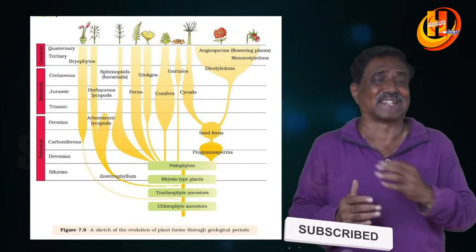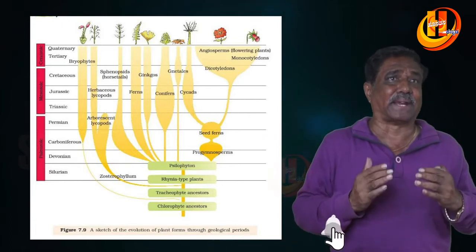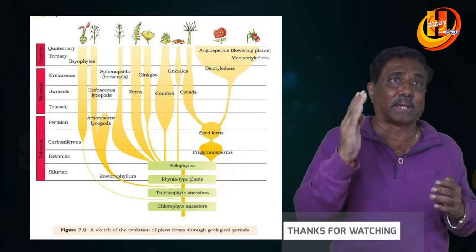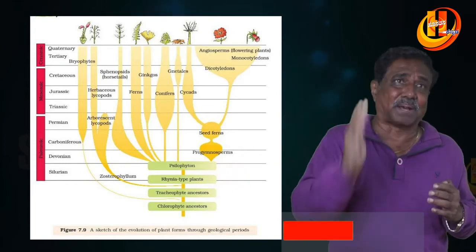And the Tertiary period is represented by monocots and, very important, bryophytes.